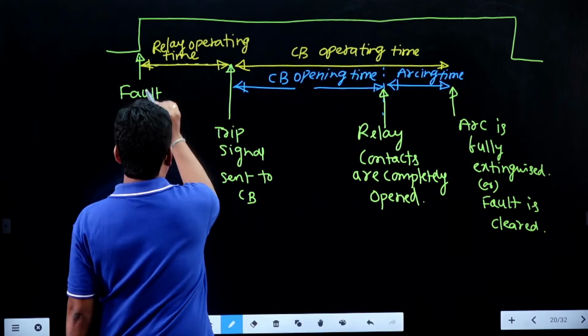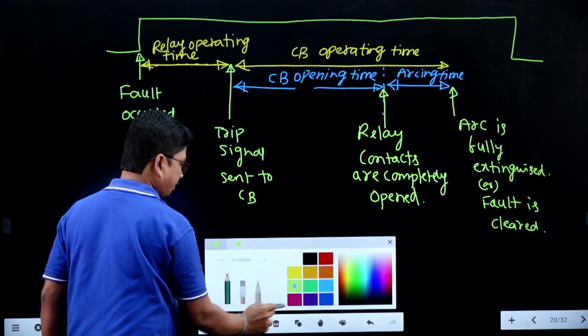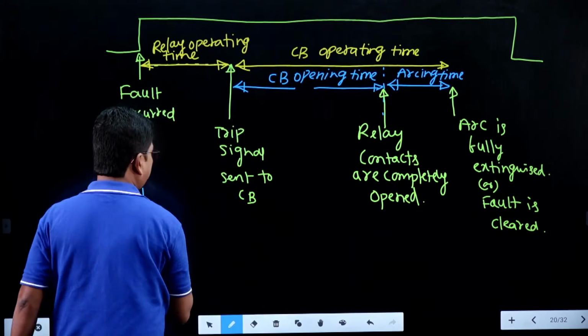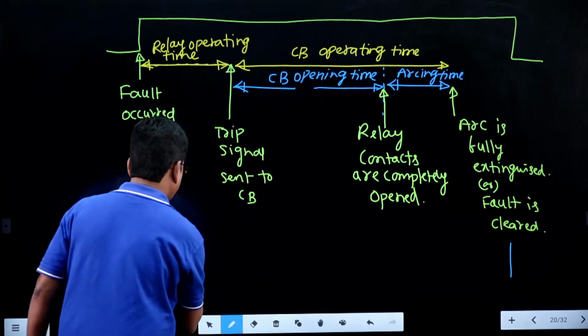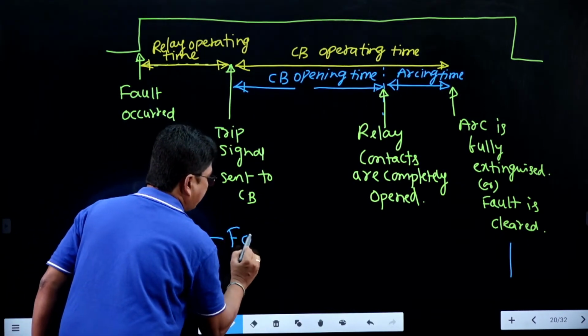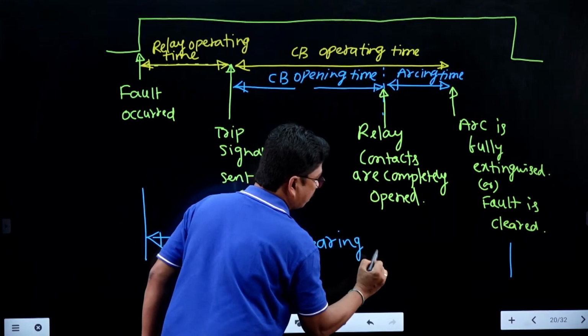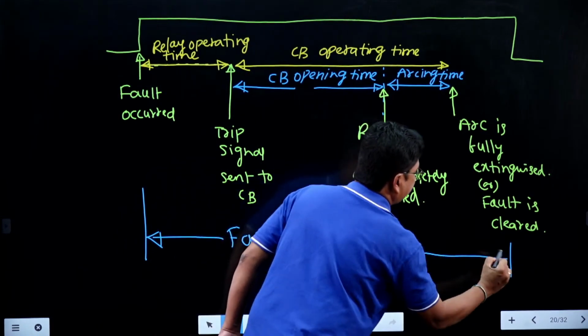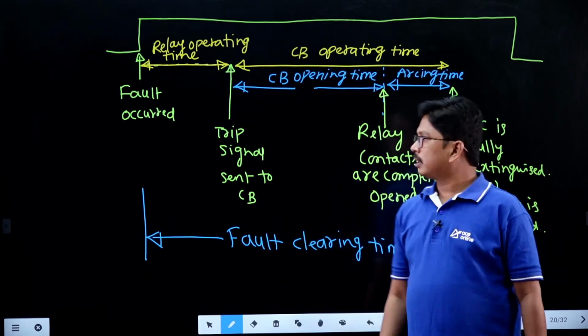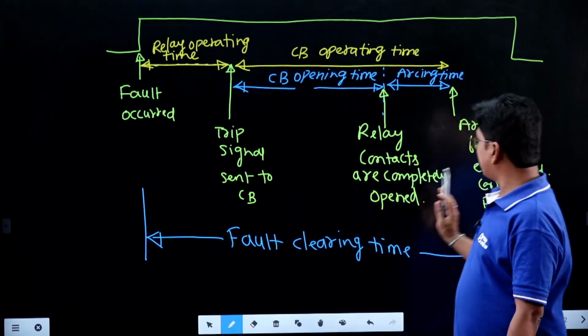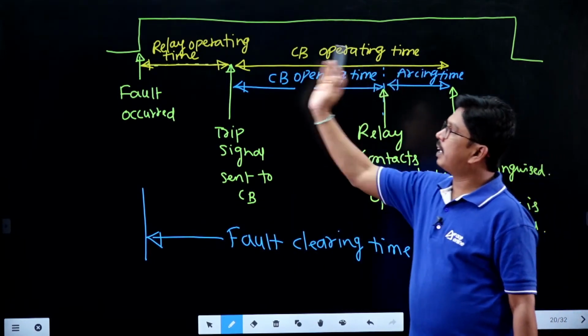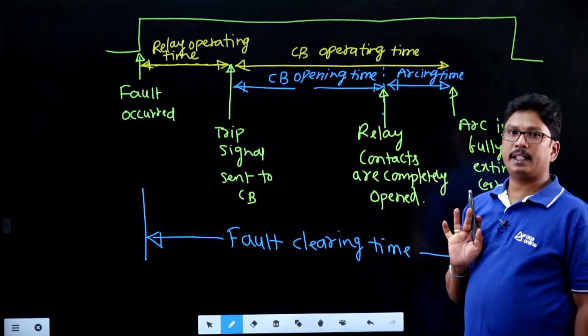From this point to this point, the total time is called as fault clearing time. What is fault clearing time? From the instant when the fault occurred to the instant when the fault is cleared, that is the sum of relay operating time and the CB operating time.